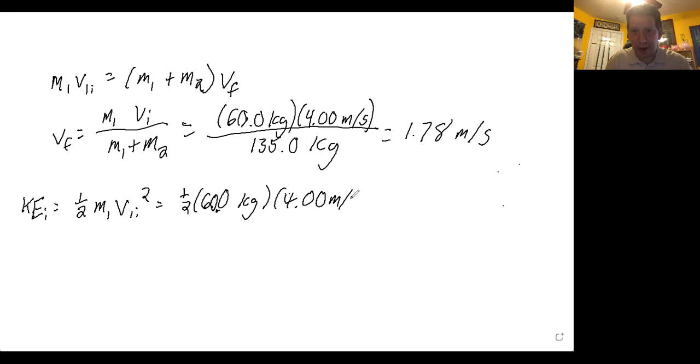And don't forget you're squaring it. And so that gives the initial kinetic energy of the system. 0.5 times 60. And so that gives 480 joules. So that's the initial kinetic energy of the system.